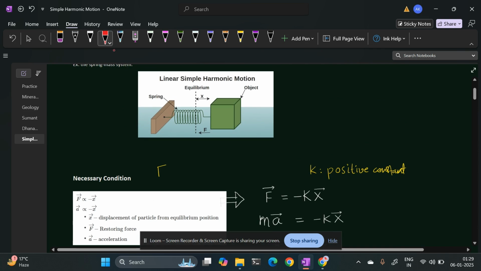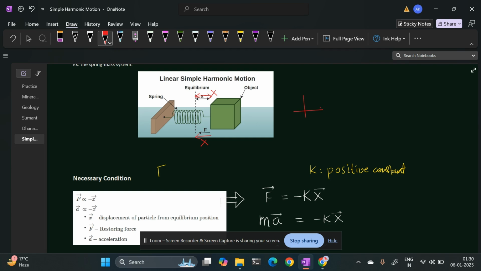We can see here the displacement of the block from mean position in positive x direction, and the force acting due to this spring is in negative x direction if we take x in this direction. So we can say that force is negatively proportional to the displacement. Also acceleration is proportional to the negative of the displacement, and this force always acts towards the mean position.